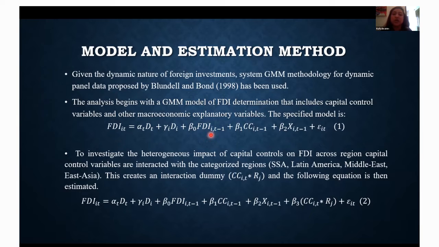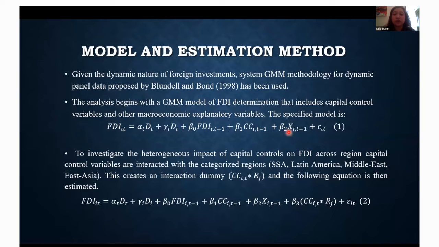So basically, the foreign investment at present is highly dependent on what has been invested in the past period. The fourth component is basically our main objective, the most important component, which is the capital control variables. And this is where we measure how these controls are affecting the foreign investments.